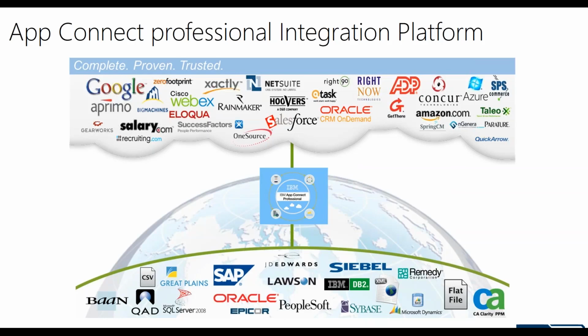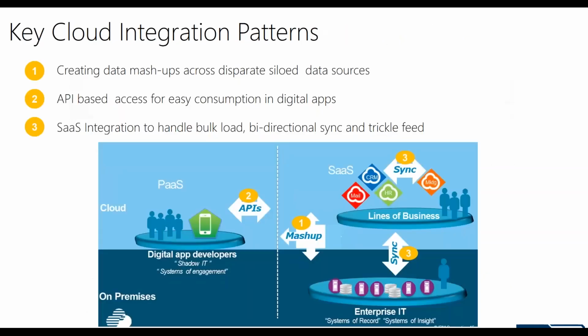Whenever there is a scenario where you have to integrate on-premise to cloud solutions, there are very few tools in the market which do it efficiently, and App Connect is specially designed for that, and not just for that. It covers quite a lot of middleware capabilities as well, which I would cover going forward. So again, App Connect Professional is one of the best tools for on-premise to cloud integration.